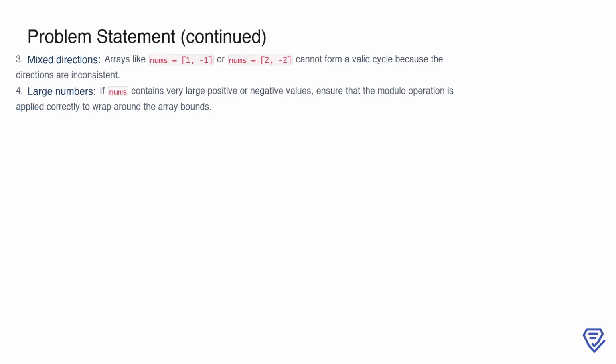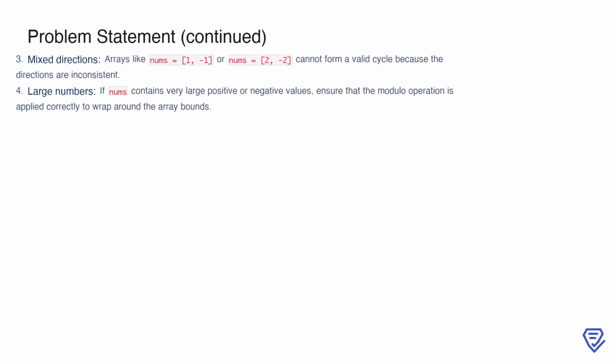Finally, let's consider some additional edge cases. For instance, in a single-element array like nums equals 1 or nums equals -1, it's impossible to form a valid cycle because at least two indices are required. Similarly, if the array consists entirely of zeros, like nums equals 0, 0, 0, no movement is possible, so no valid cycle exists.